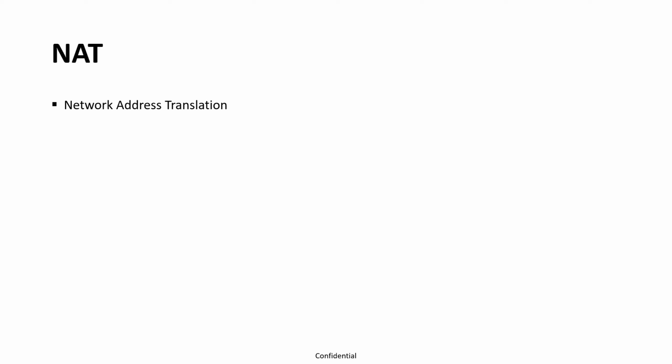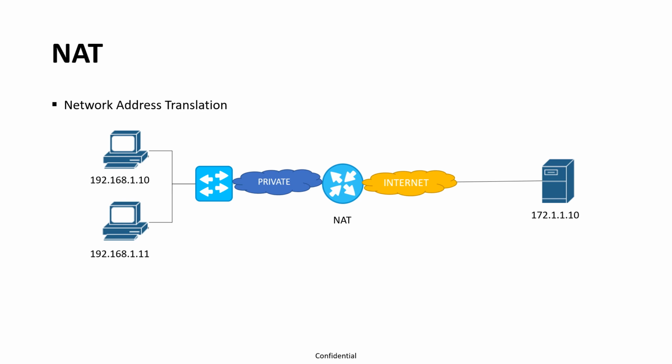NAT, also known as Network Address Translation, allows multiple devices within a local network that have private IP addresses to share a single public IP address for communication with an external network such as the internet. Here you can see I have a server, 172.1.1.10, that is on the internet, and I have my private PCs on my private network on the left side.